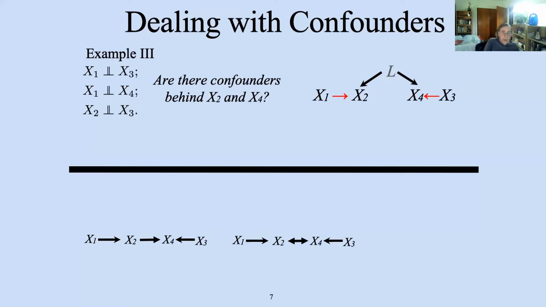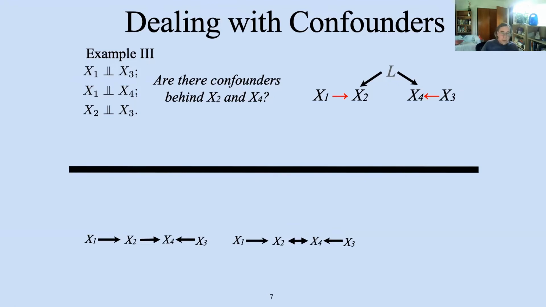So the basic situation here is that these three conditional independencies are not compatible with the d-separations in any DAG which contains only the variables x1, x2, x3, and x4.